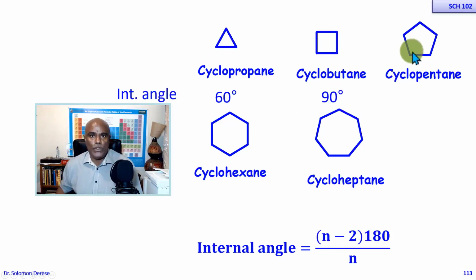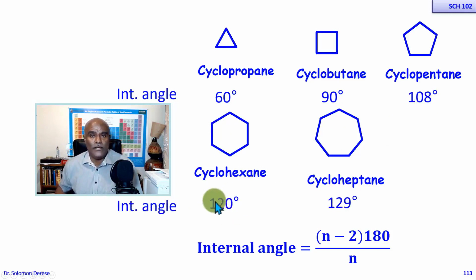So if we do this calculation similarly, you will find the bond angle of a cyclopentane is 108 degrees, while that of a cyclohexane is 120 degrees, and that of a cycloheptane is 129 degrees. So if we continue like this, that of cyclooctane will be more than 129 degrees, etc.